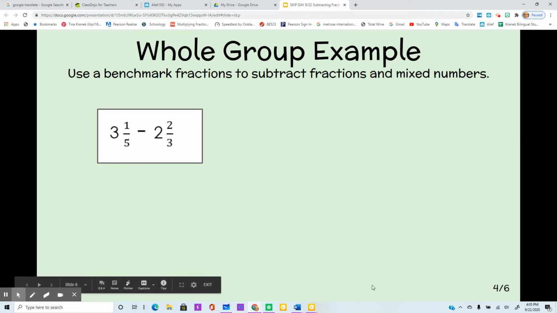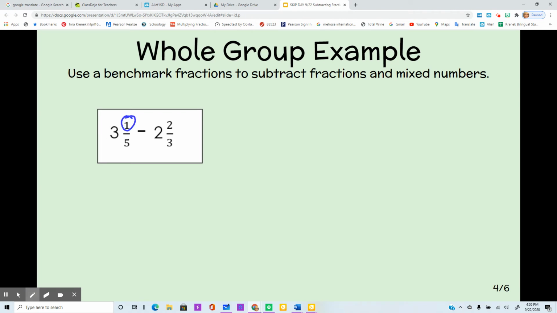3 1/5 minus 2 2/3. So if you have a unit fraction, that's going to tell you that it's closer to 0. So 3 minus 2, and what would you say 2/3 is?